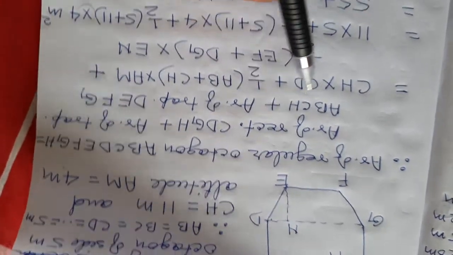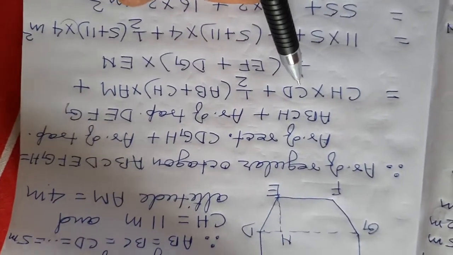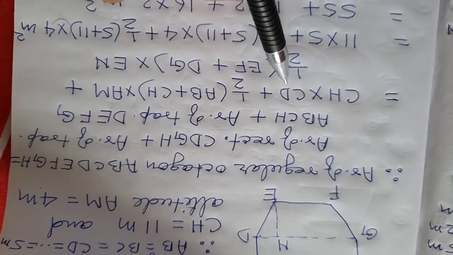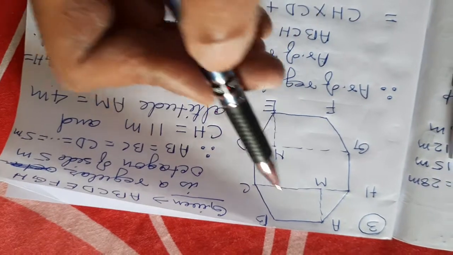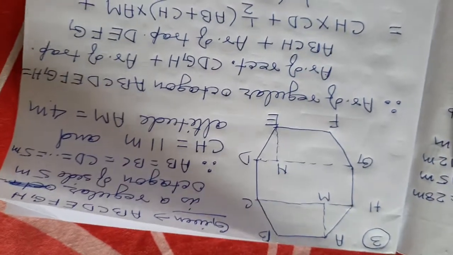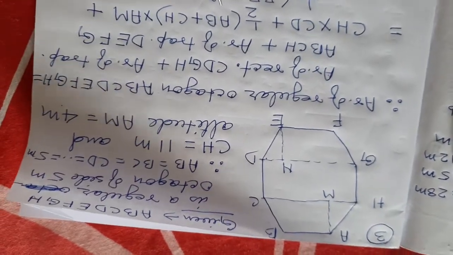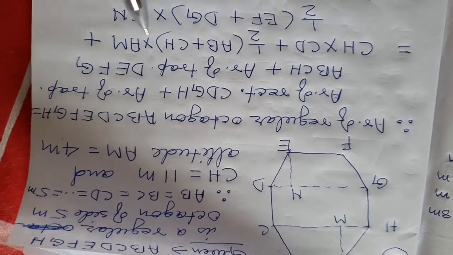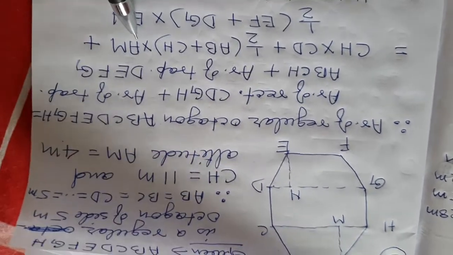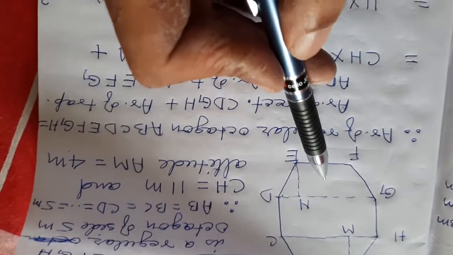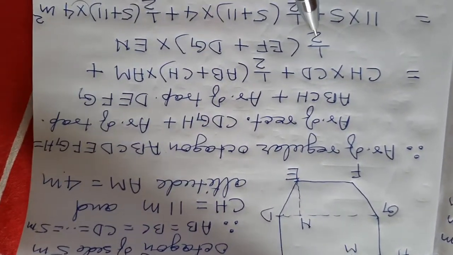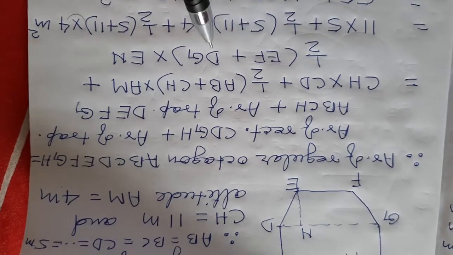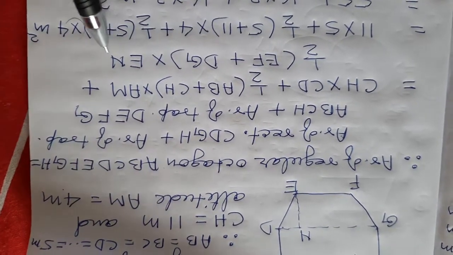Now area of rectangle CH into CD, plus area of this trapezium, 1 by 2 into (AB plus CH) into AM, plus area of this trapezium, 1 by 2 into (EF plus DG) into EN.